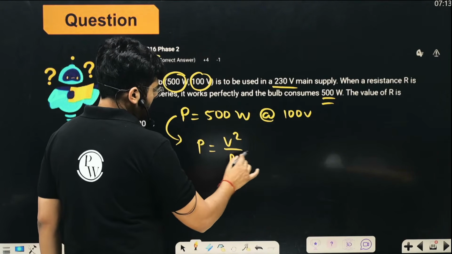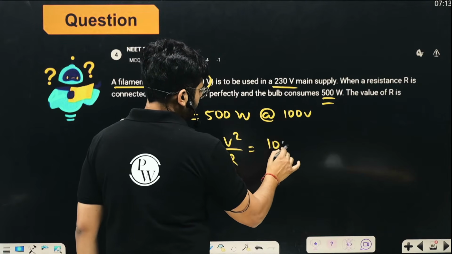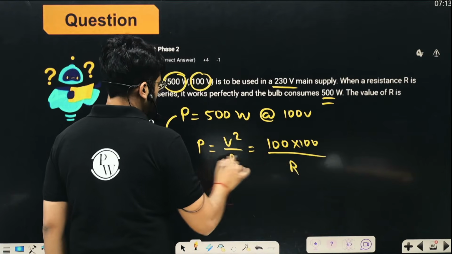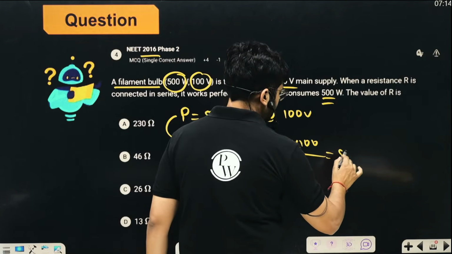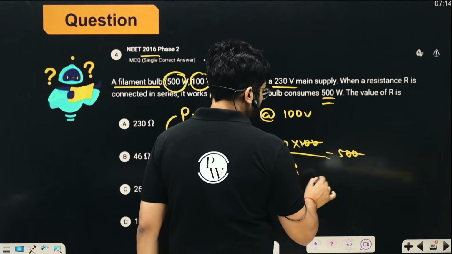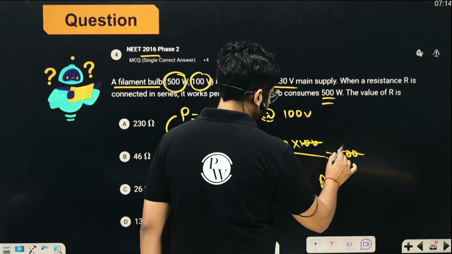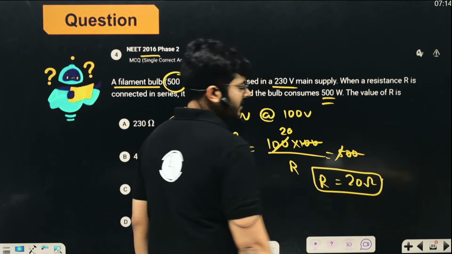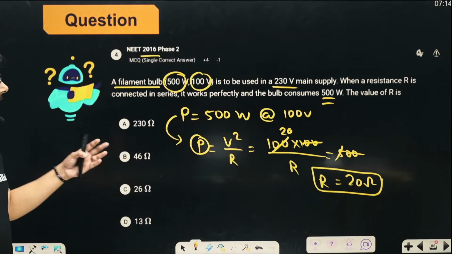So here you have 100 square upon resistance, which we don't know, and the power consumption is 500. From here, you can easily calculate the resistance: 20 ohms. So the resistance of this bulb is 20 ohms.